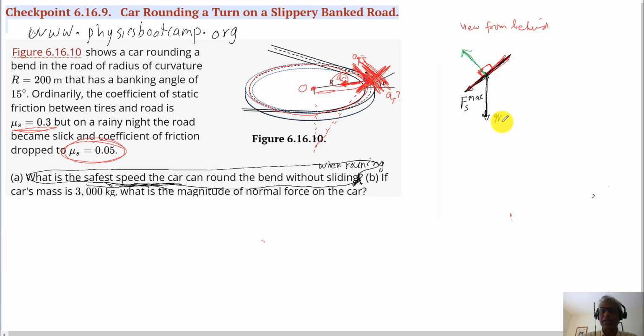So let's call this mg, and this is Fn. Now this is maximum, so this will be equal to mu s times Fn. Okay, and the acceleration we're interested in, all these forces will cause acceleration in these circles towards that direction, and that's the a_c.